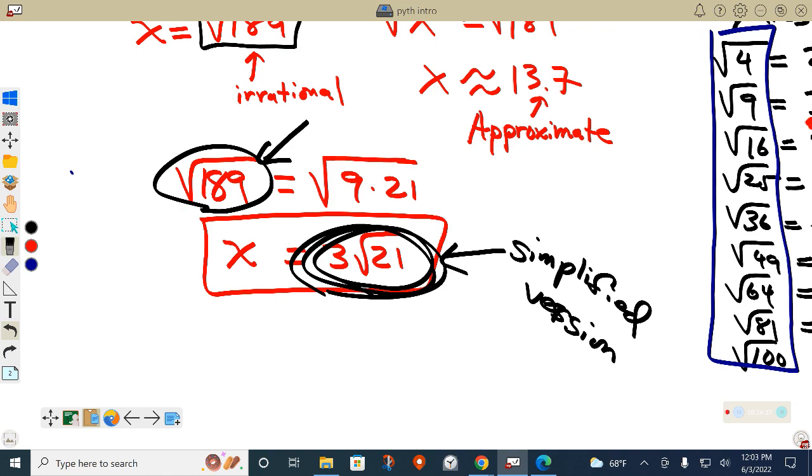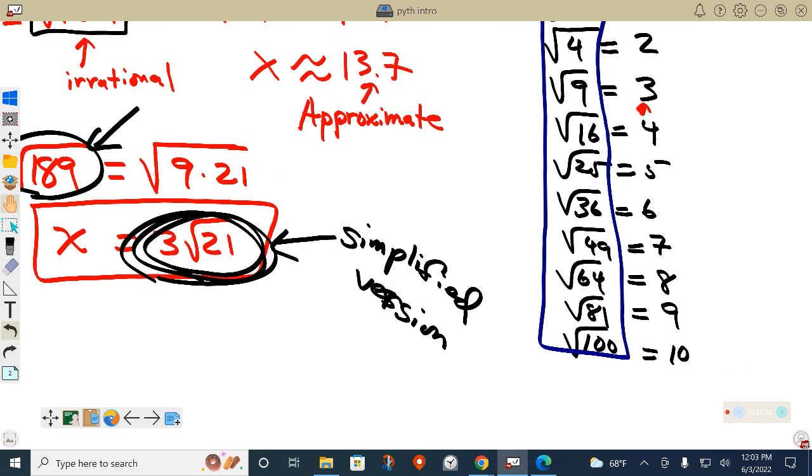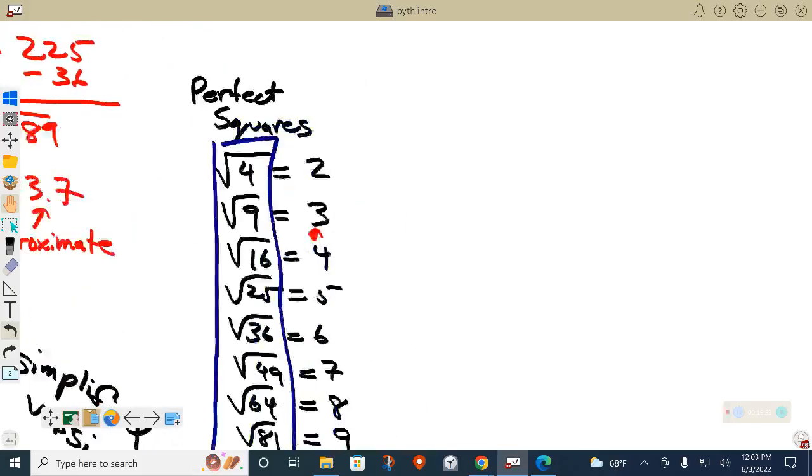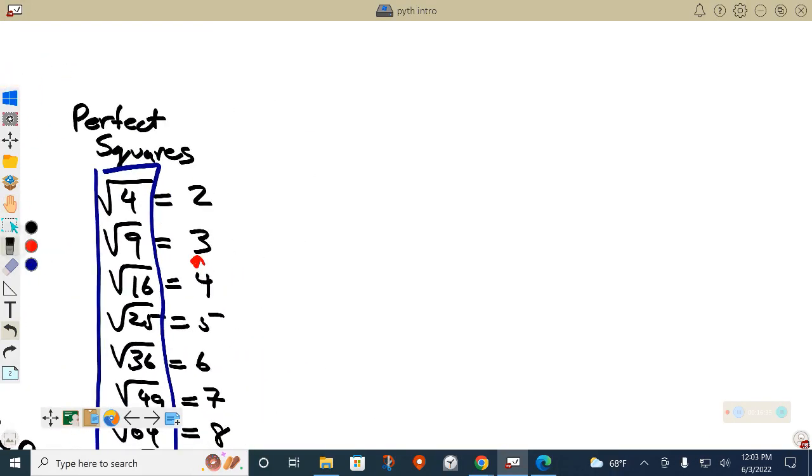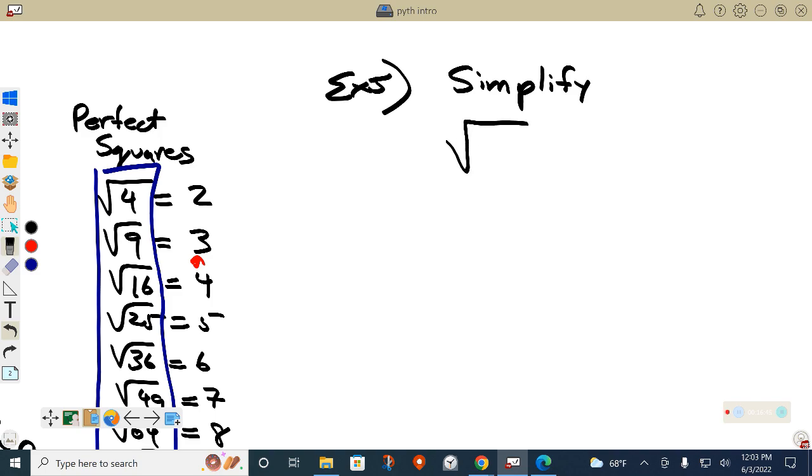Let's try one more. That was example 4. Let's try example 5. Simplify the square root of 20. So we're not going to do a Pythagorean theorem problem. I'm just going to simplify that.